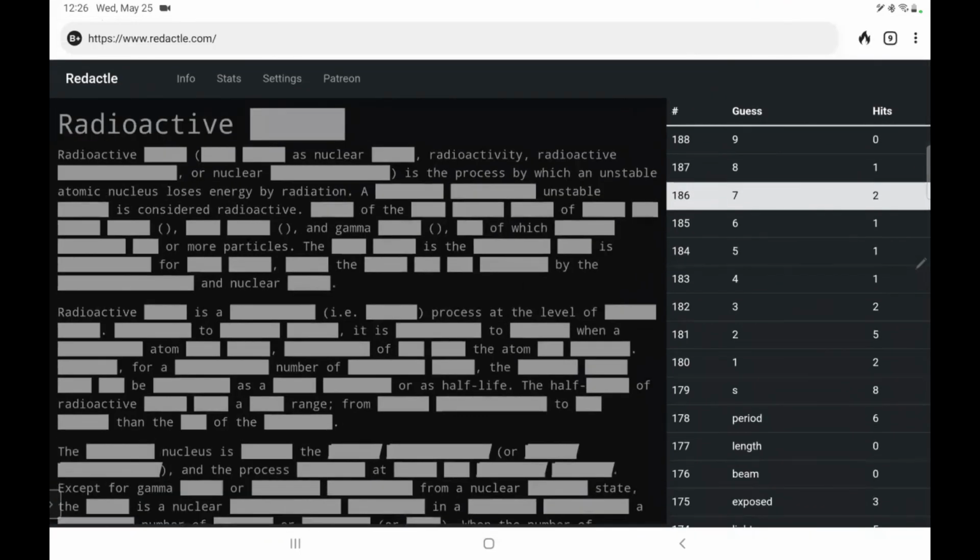All right, going back up to the first paragraph. Radioactive. I really feel I have had all the information I need. Once I had radioactive, something is the process by which an unstable atomic nucleus loses energy by radiation. I really should have enough information here if I was familiar with this topic.